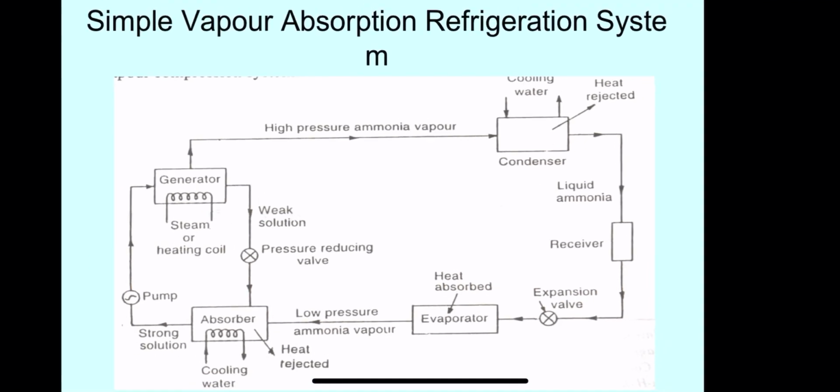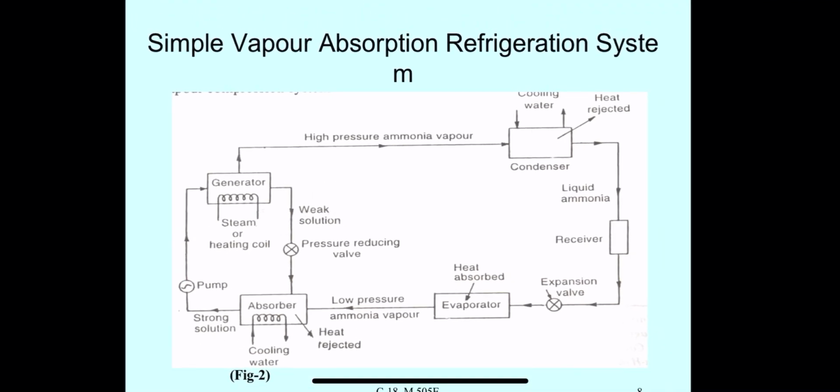See the line diagram of the vapor absorption refrigeration system. First, from the pump the solution is sent to the generator. Let us see the components: first pump and generator, absorber, condenser, condenser to receiver, receiver to expansion valve to evaporator.